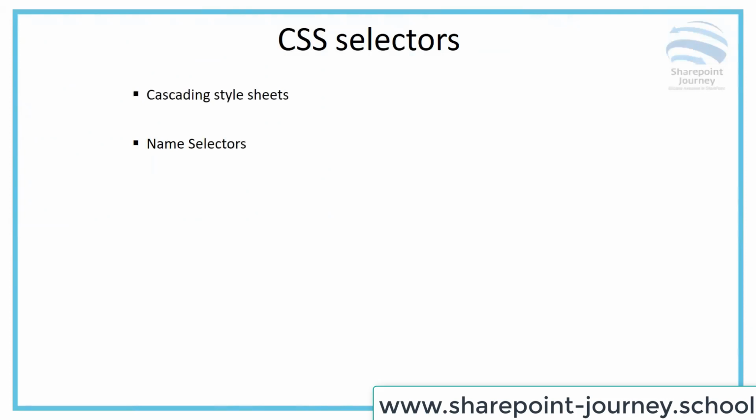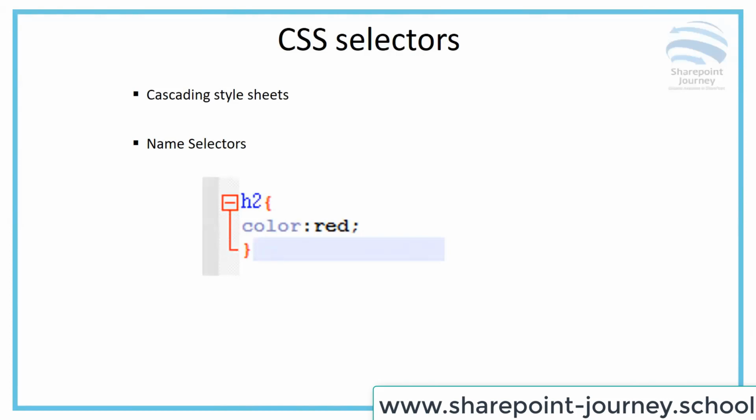We spoke about elements, like H1, H2, different kinds of elements. These are all name selectors. I can target a specific H1 or H2 element and apply style sheets, so I can select those elements on the page. We'll see these in examples.